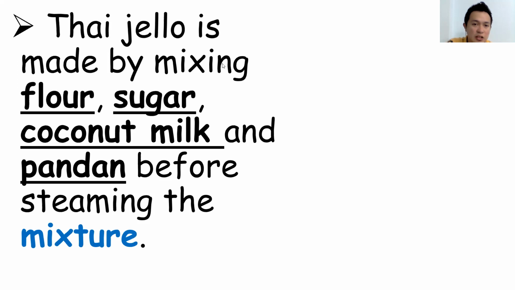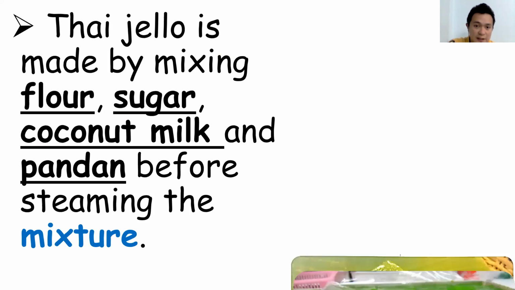Thai Jello is made by mixing flour, sugar, coconut milk, and pandan before steaming the mixture. You are going to mix the flour, the sugar, the coconut milk, and pandan before steaming the mixture. So look at this kit.